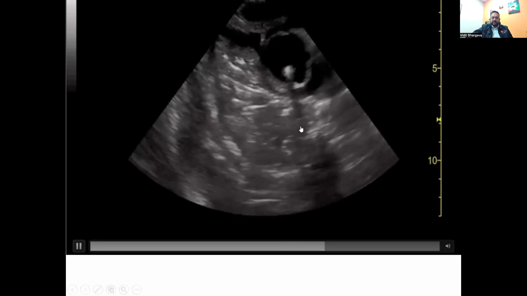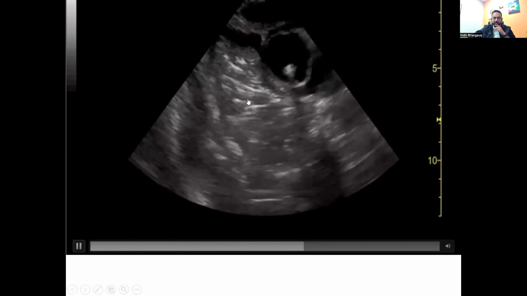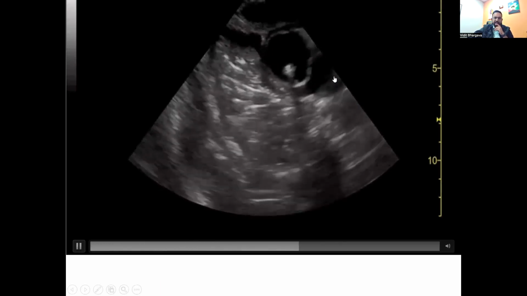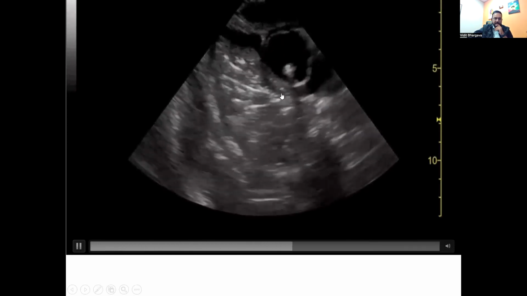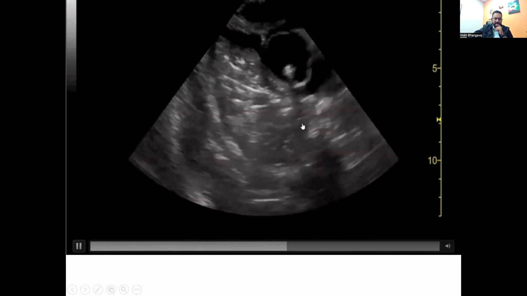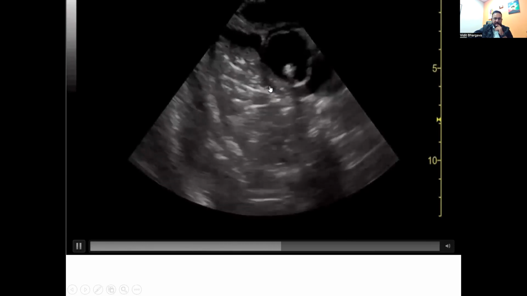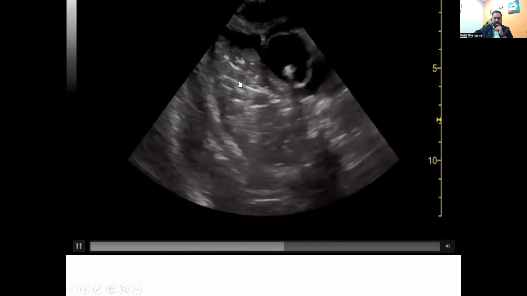So this first image is a little bit different from the images we've seen so far. This is obtained from a subxiphoid view, and it is looking at the right lung, which is right here, with very consolidated, hepatized lung tissue that looks very much like liver.